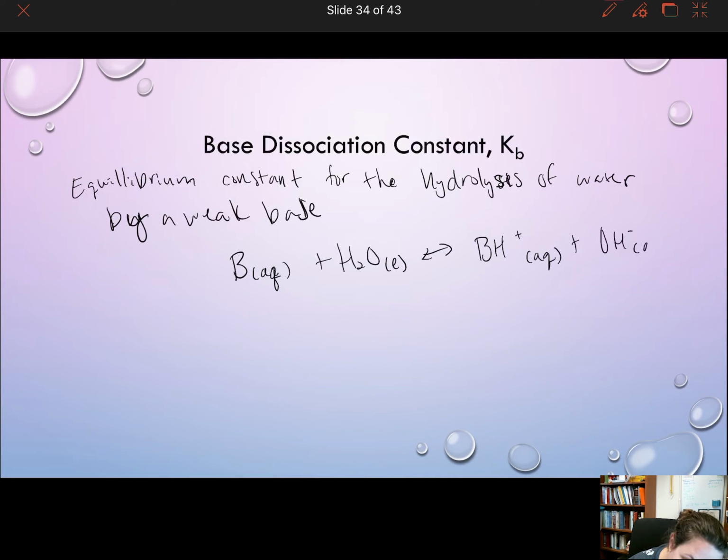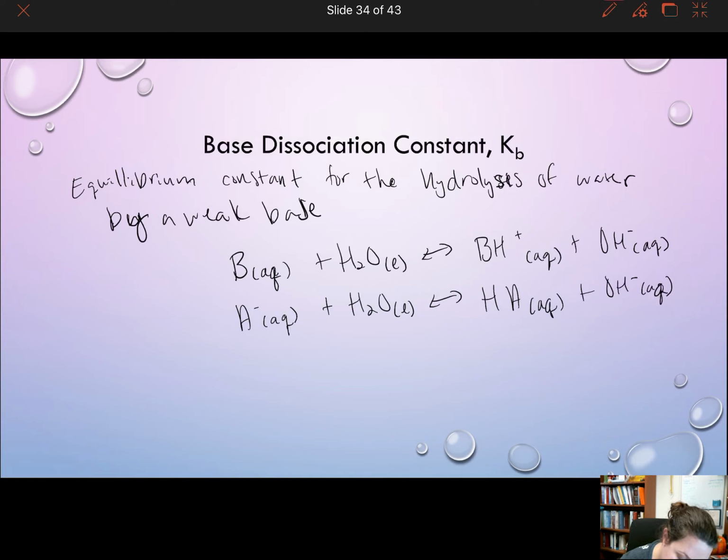So it produces hydroxide by reacting with water, or if we have a base that is a base based on it being an anion, it will also hydrolyze water to produce our conjugate acid plus hydroxide.